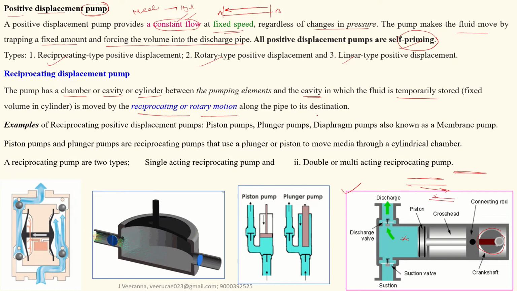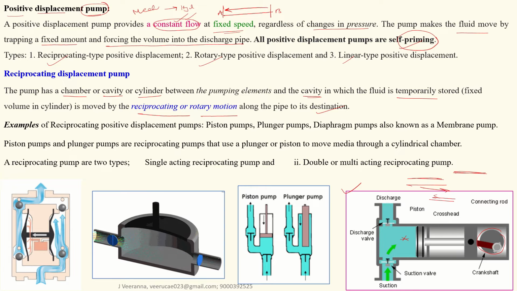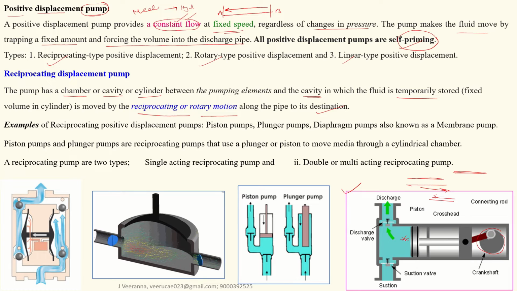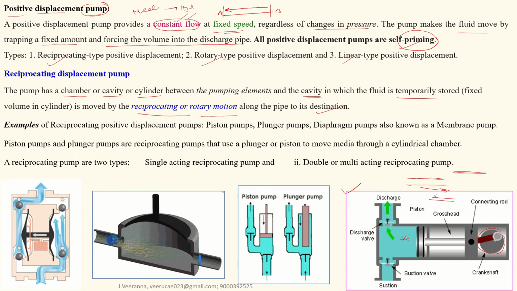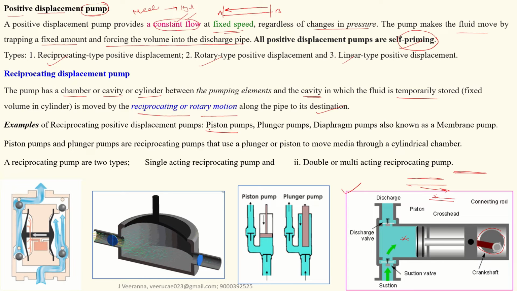When rotary motion is converted into reciprocating motion of the piston, the suction valve opens and water comes into the cylinder. Then, due to compression by the piston, the delivery valve opens and water goes to the outlet.